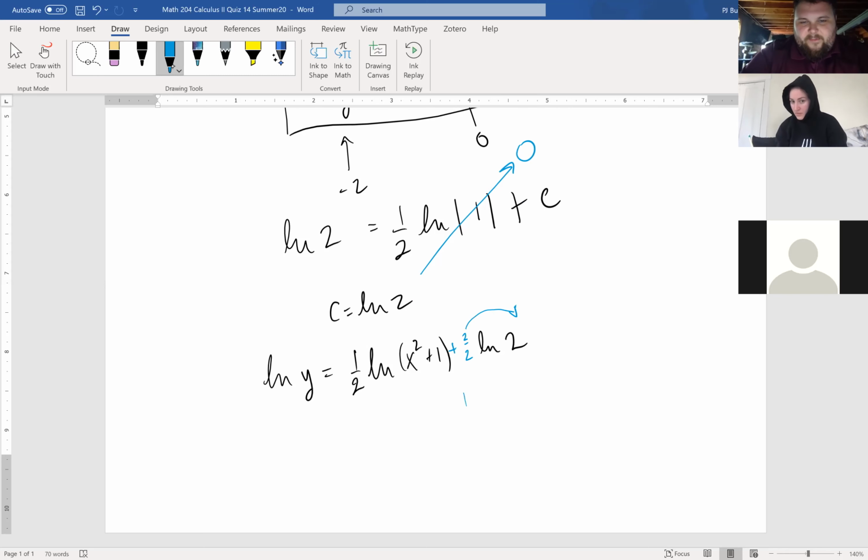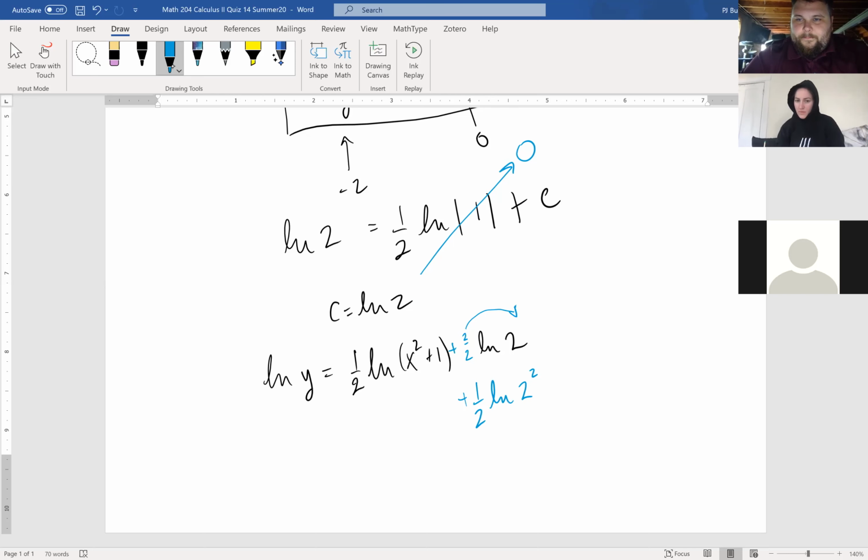And we leave the 1/2. So basically it would look like this. And the reason I did that is because then they both have a 1/2 in front. I could put them together.